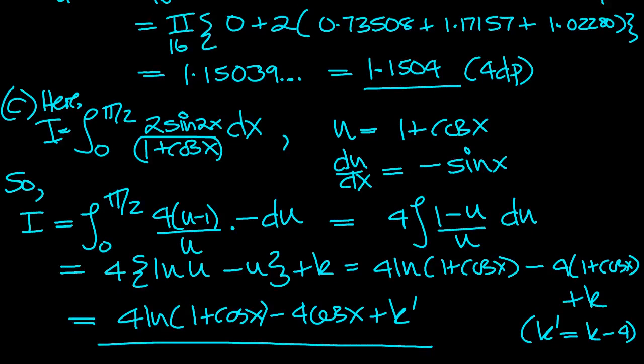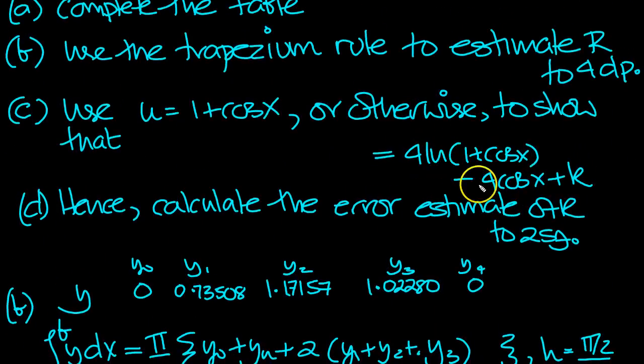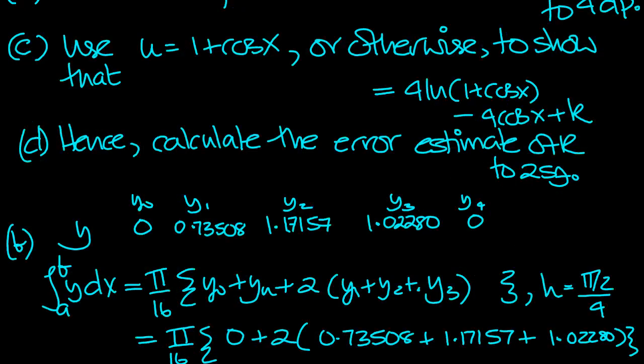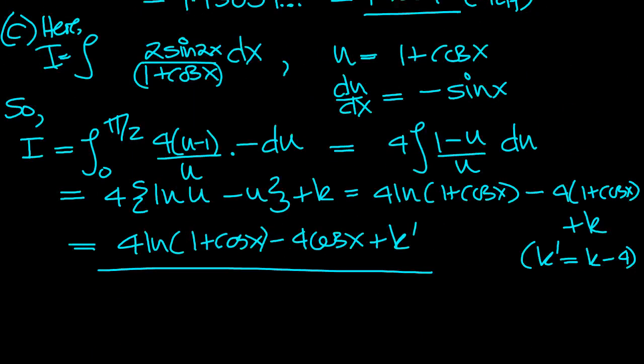So there's our answer to part C then in the form that was required. And we've done that. But it was the integral between 0 and pi over 2 we were interested in, isn't it? So now we need to do the definite integral to work out the estimate of the error to 2 significant figures. So for part C then we need to get rid of these definite bounds, of course. Part D then.